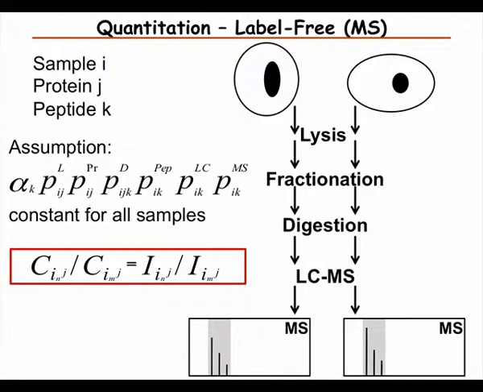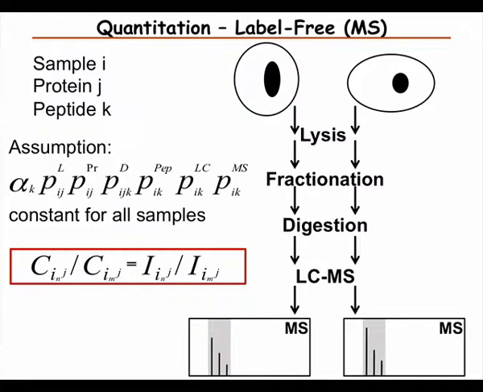Because if you measure over months, the humidity in the air will change. It's difficult to keep the lab at the same temperature. You might have to change the chromatography column. So there's a lot of things that can change. So you definitely need to work out how to normalize well over all these samples.